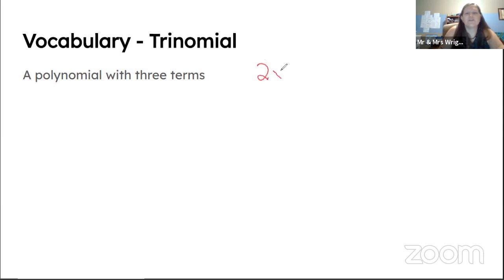So 2x plus 3 plus y. That would work. It's not what we would consider standard, but it works. You could also have something like x squared plus 2x plus 3. This one just feels better to us, doesn't it? It just feels more natural. We're going to get into what special type of trinomial that is in a little bit.